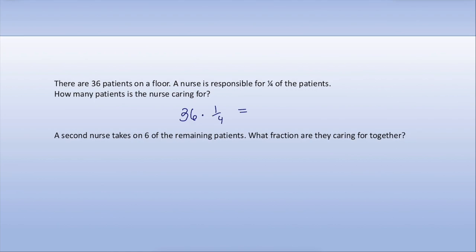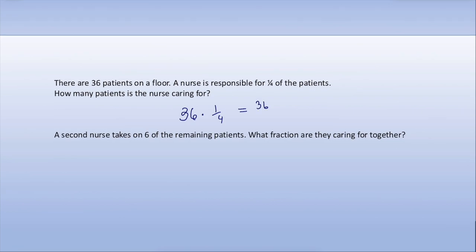To multiply 36 by 1/4, you're going to put your 36 over 1. If you notice that 4 goes into 36, which it does, you can just divide, or we can multiply tops with tops, bottoms with bottoms. 36 times 1, 1 times 4, and 36 is exactly divisible by 4 9 times, so that's 9 patients.